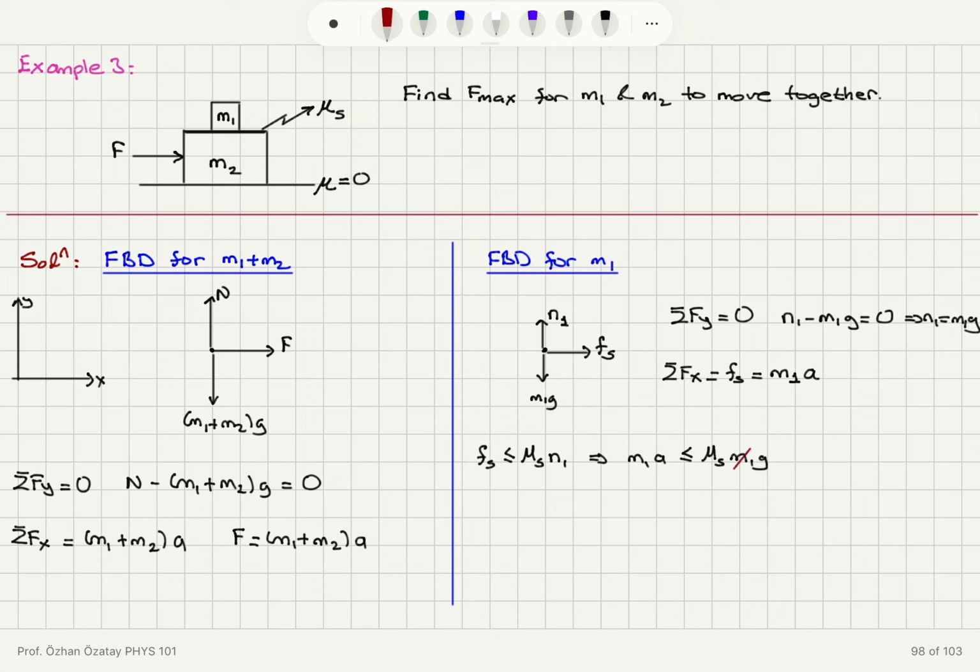So these M1s will cancel, and I will find that the acceleration is less or equal to mu s times g, and the force, which I have found to be equal to (M1 plus M2)a, is F less or equal to (M1 plus M2) times a, which is less or equal to mu s times g.